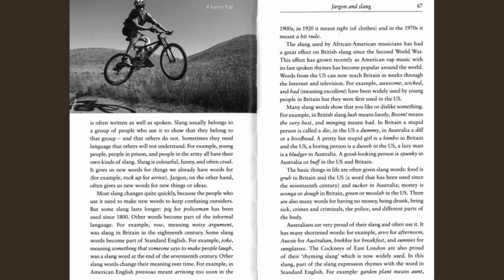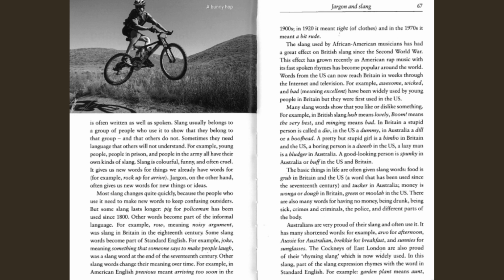There are also many words for having no money, being drunk, being sick, crimes and criminals, the police, and different parts of the body. Australians are very proud of their slang and often use it. It has many shortened words. For example, arvo for afternoon, Aussie for Australian, brekkie for breakfast, and sunnies for sunglasses.